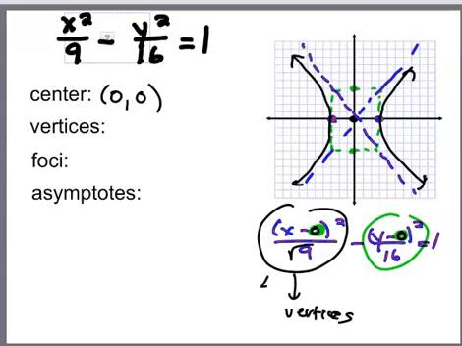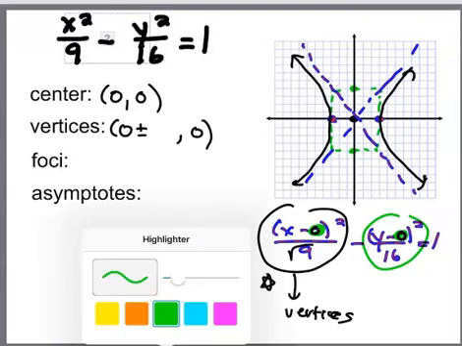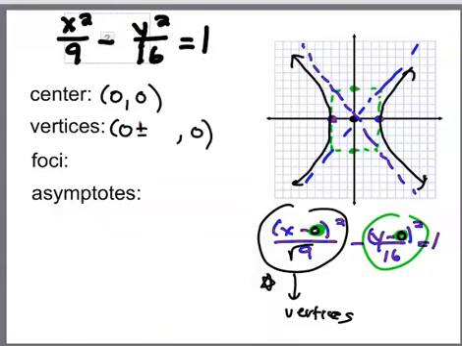I got to the vertices by the x's. So I'm adding and subtracting to the x's. The y stays the same. So this is plus minus square root of 9 is 3. So you can see that this is 3, 0, -3, 0.